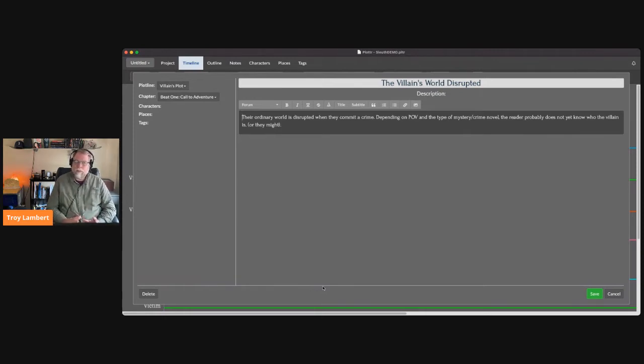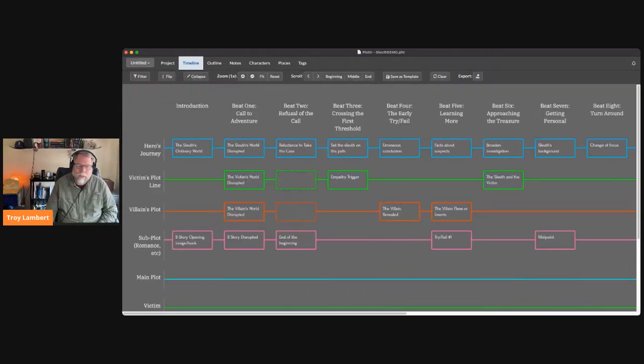Now, in certain types of mystery crime novel, depending on what POV you're using, and if you're using multiple points of view, the reader probably doesn't know who the villain is at this point. They might, but they don't necessarily know that. But you as the author know that this is the moment at which the villain's world is disrupted as well. And so that helps you in writing the rest of the book.